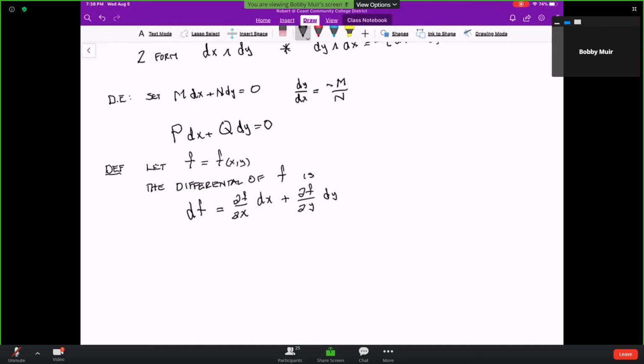Now compare this to when f was f of x: then df would be just f prime of x dx, or df/dx equals that. So this is how this generalizes.